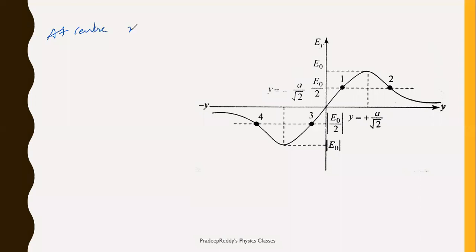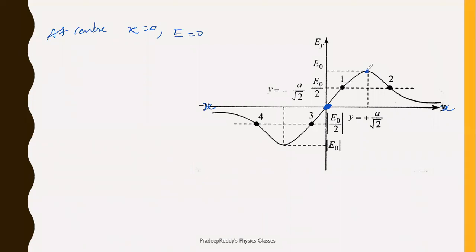At the center x is equal to 0, therefore the field is equal to 0. Now from the center, see in this graph, you are going outward. When you are traveling outward, this length is x, let me take it as. When you are traveling outward up to a certain value, what is happening to the field? The field value goes on increasing.